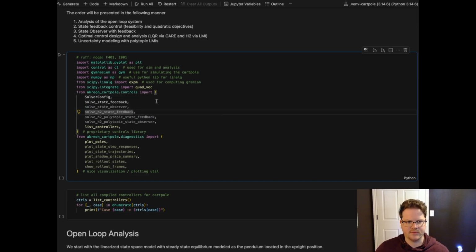So I'm walking through state feedback, state observers, H2 optimal control, and then the polytopic versions of that for when we consider uncertainty. The next part here are just nice diagnostics, like plotting utilities.